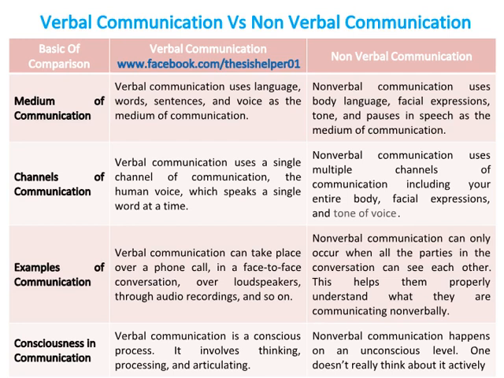Verbal communication can take place over a phone call, in a face-to-face conversation, over loudspeakers, through audio recordings, and so on. Non-verbal communication can only occur when all the parties in the conversation can see each other. This helps them properly understand what they are communicating non-verbally.